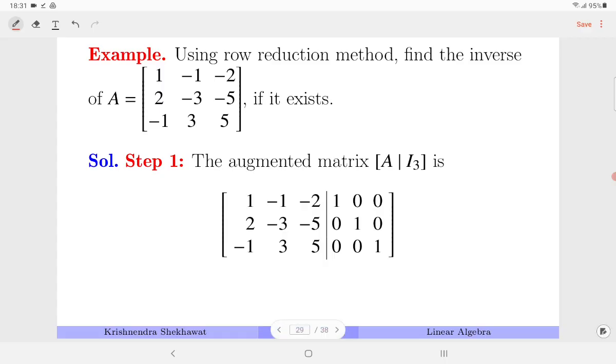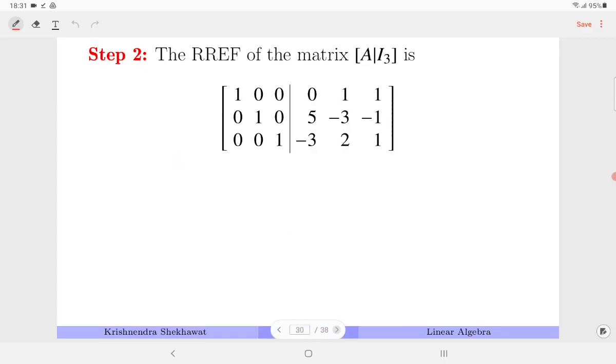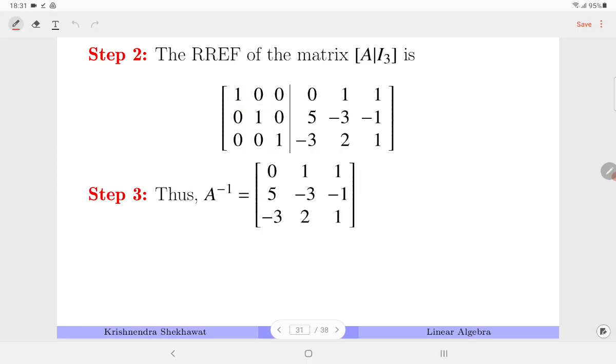Try yourself, and its RREF comes out to be this one. So 3 pivot entries, and below and above the pivot entries, all entries are 0. So the matrix is in RREF. Now this is equal to identity, and therefore this becomes A inverse. So this is the required A inverse.